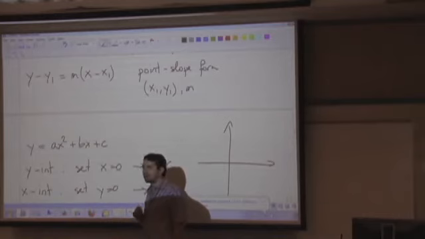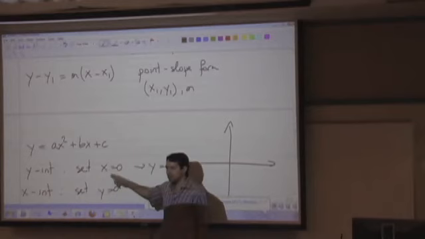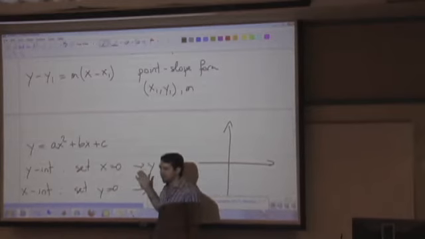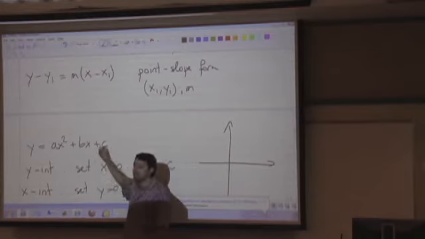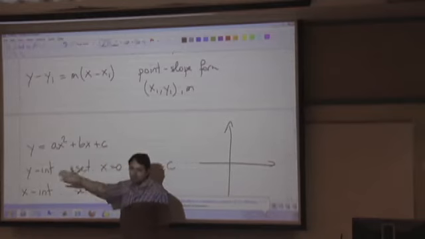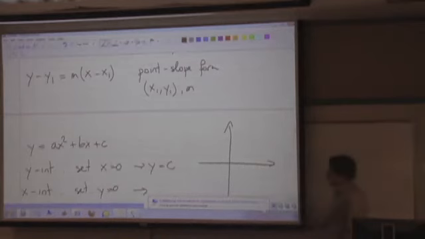Why? Because sine of 0 is equal to 0. So the point is, you put in 0 for x and see what you come up with. For a quadratic it's quite obvious that c is the y-intercept, but I wanted to give you more in-depth ideas of where you get that. Okay, so set y equal to 0.